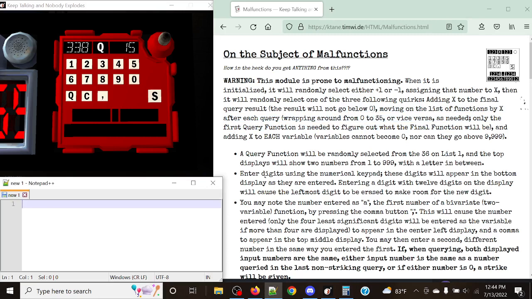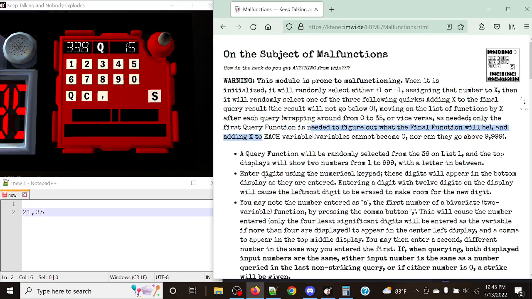For example, if I were to query 22 and 36, what would happen instead is it would query under the result of 23 and 37, or 21 and 35, in this case adding 1 or subtracting 1 to our query here. In this case, each variable.